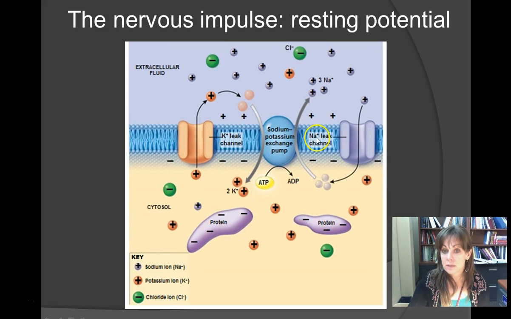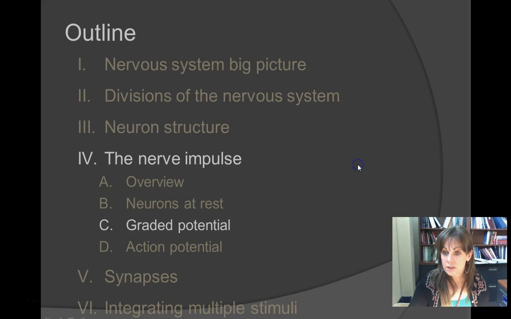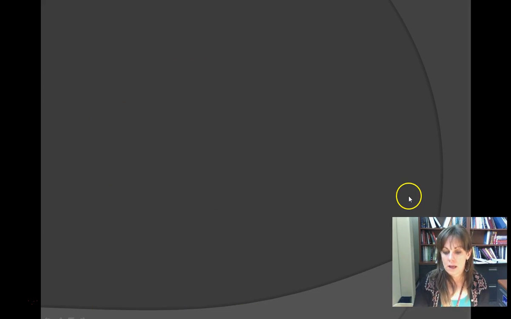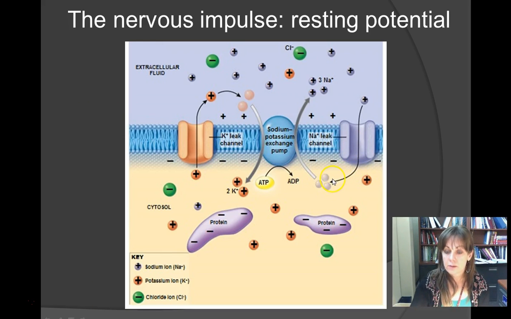And it's a sodium leak channel, so it's only going to let sodium through. Sodium moves passively through the leak channel. But then we can see over here, the pump will take it and move it back to the outside. So this ion is continually circulating, passively through the leak channel and actively through the pump.